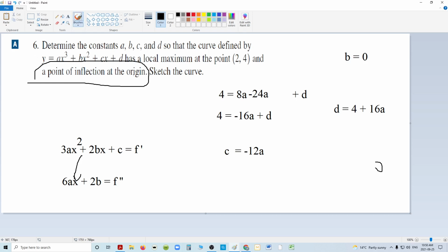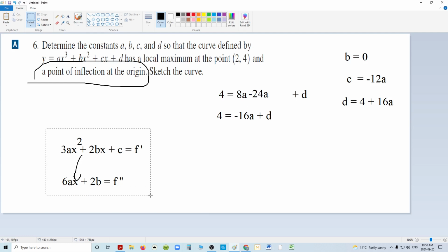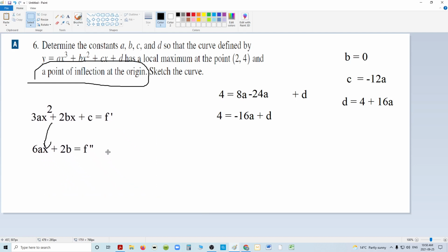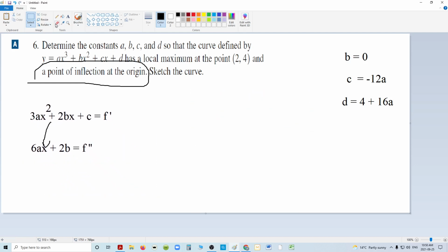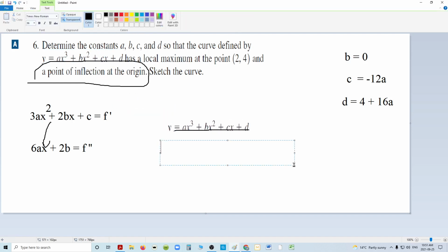that we know it goes through origin, right? That was another hint they gave us. And it's easy to miss that. So far we have b is equal to 0, c is equal to minus 12a, d is equal to this, and the only thing we don't know really is a formula for a, right? So we're just going to keep these derivatives here. But we do know, going back to the main equation, that when x is 0, y is 0.